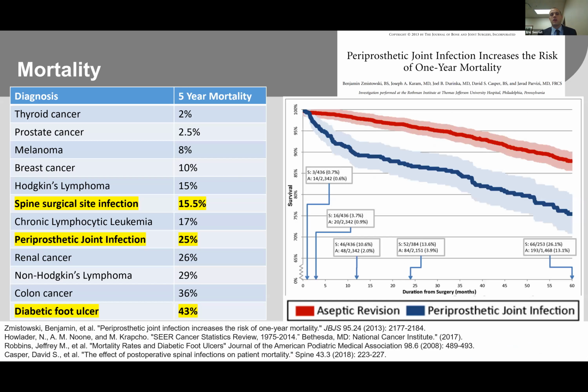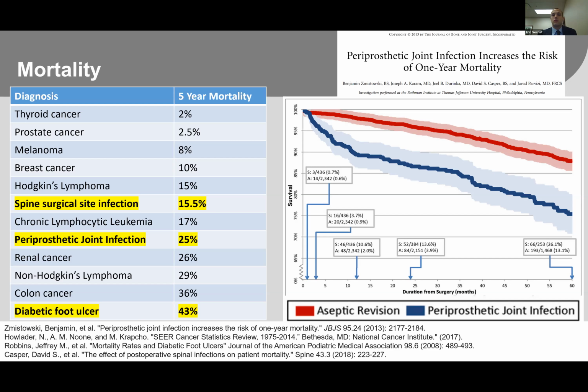I'd like to start by framing this issue in terms that we're not used to in orthopedics, and that's mortality. And the outcomes for these patients obviously are severe, but they start getting into realms that we're not used to dealing in. Usually we are not dealing with life-threatening situations, but if you compare periprosthetic joint infections against aseptic revisions, you can see there a stark difference in survival rates.